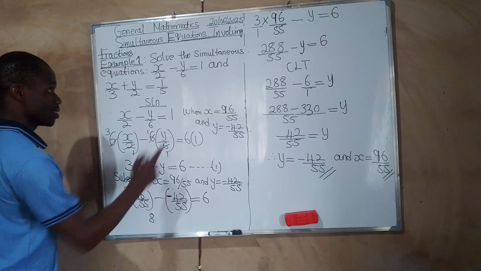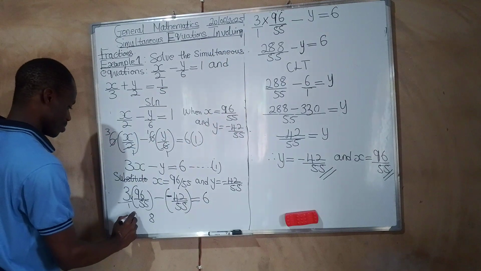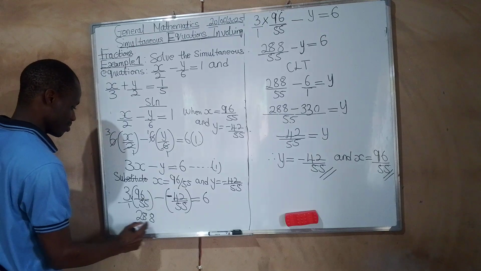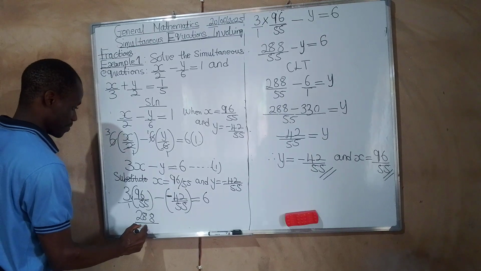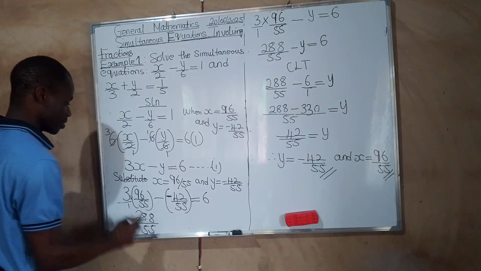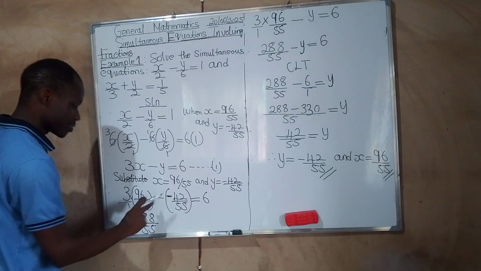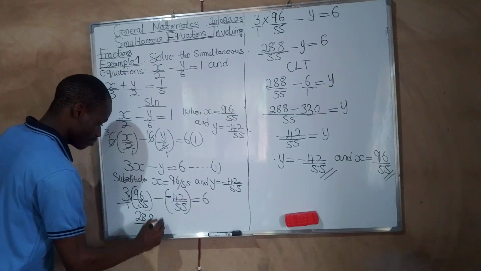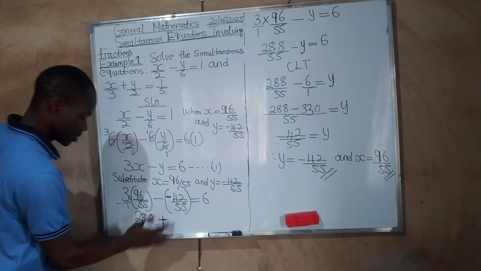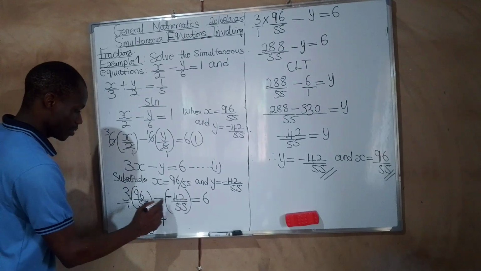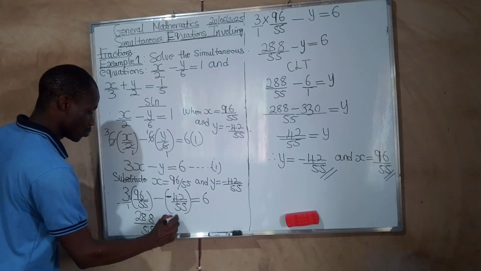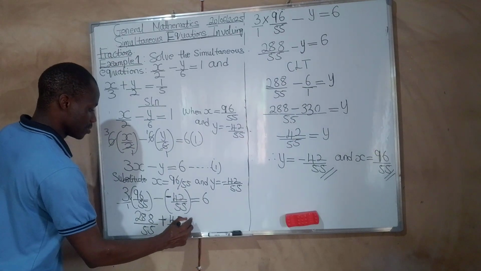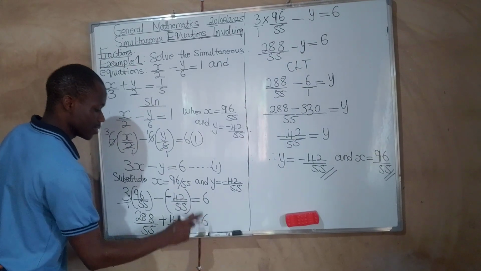That's 288 over 55. Now 288 over 55 minus times minus plus is plus. So plus 42 over 55 is equal to 6.